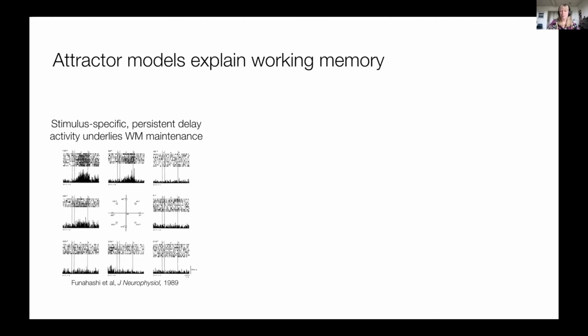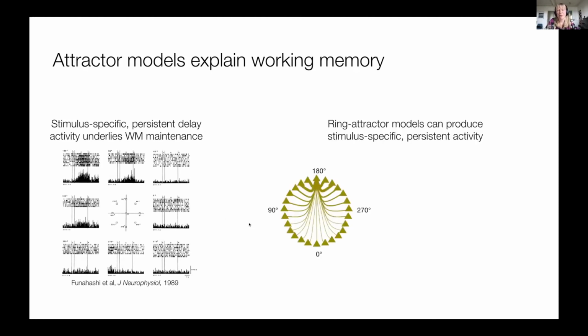And computational scientists who started thinking about this in the early 2000s usually use this kind of ring model that we also know from, for example, head direction cells. So the basic idea is that neurons in this model are ordered by their preferred location on the screen. And then as a second ingredient, we have a specific connectivity profile where neurons with similar preferred locations are more strongly connected than neurons with dissimilar locations.